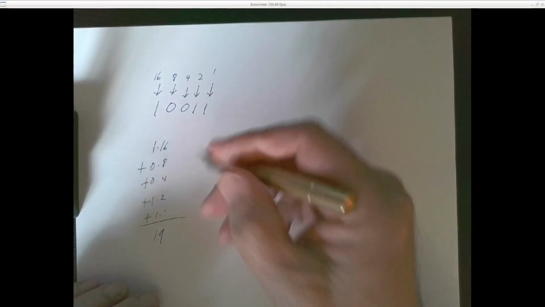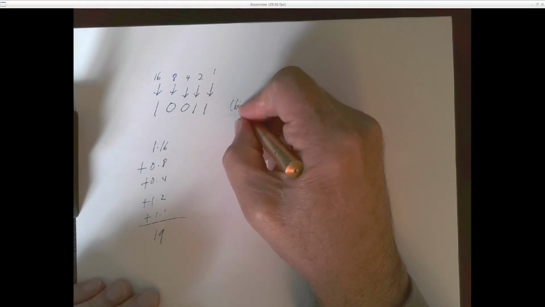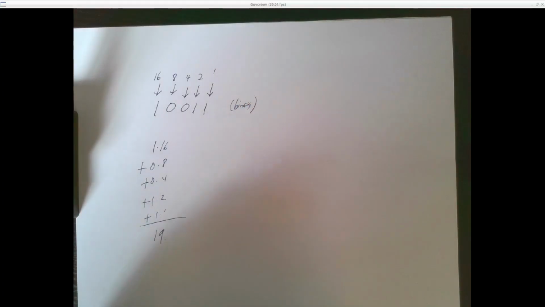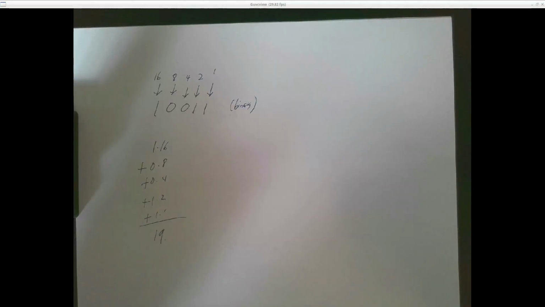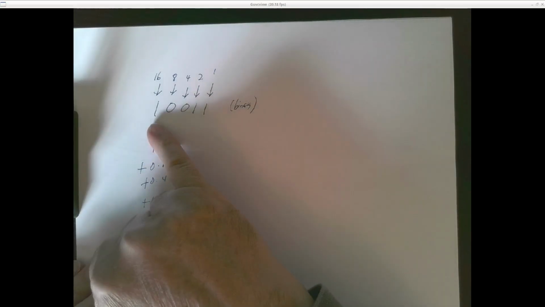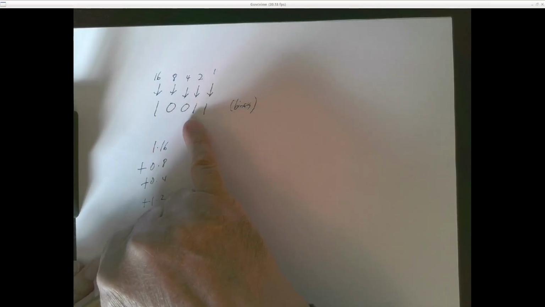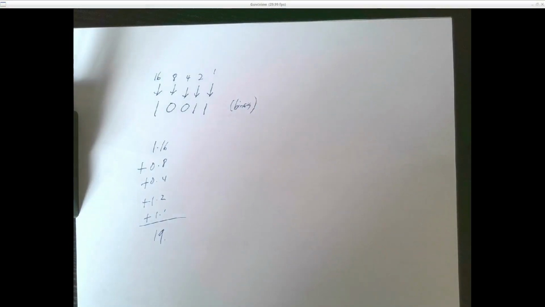So we can write this in binary. And all we've got to do is be able to represent ones and zeros. So if I had a series of circuits, I could store 5 volts in this circuit, 0 volts in the next two, 5 volts and 5 volts, and I could say, okay, that's the number 19.